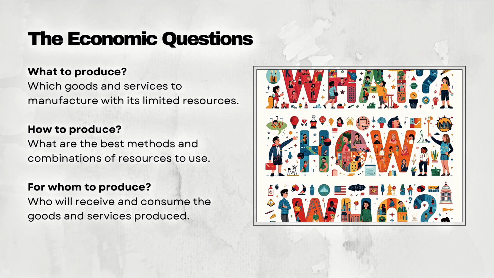So for firms or businesses, they will always encounter this economic question: what to produce, how to produce, and for whom to produce. Firms or businesses will need to choose which goods and services to manufacture with its limited resources. They need to figure out the best methods of combinations of resources to use. And they need to figure out who will receive and consume these goods and services that are produced.